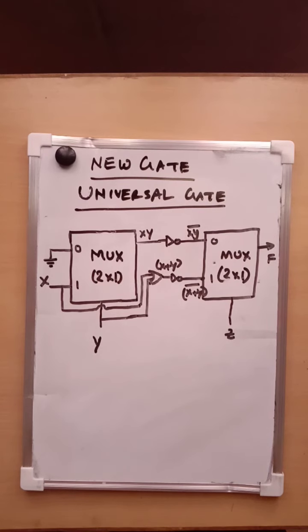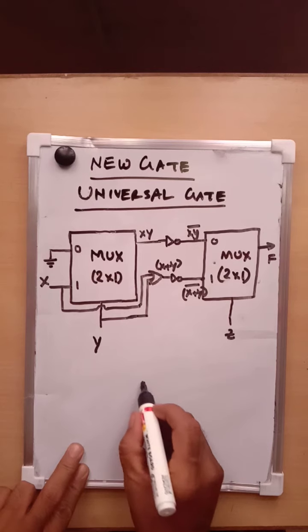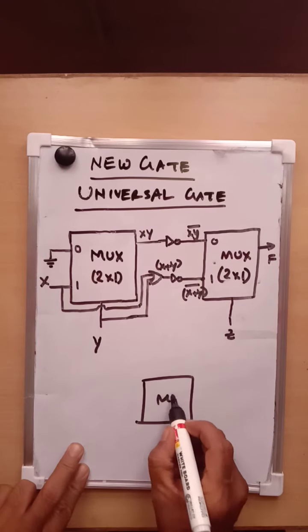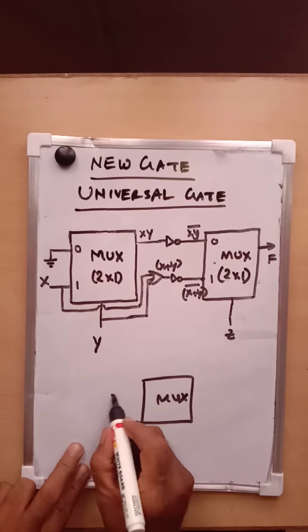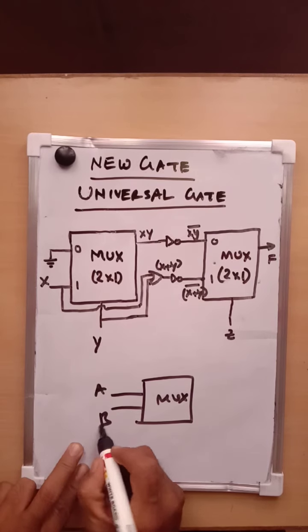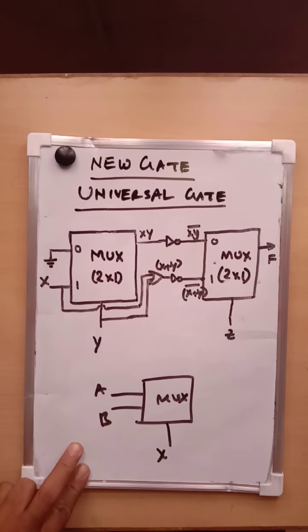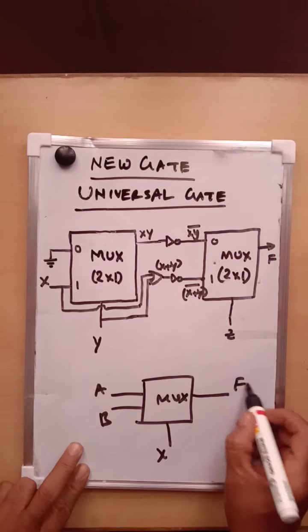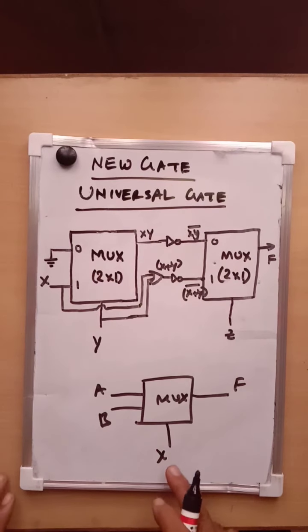Before going to this explanation, I want to introduce the concept of a mux. This is a 2 by 1 mux. Let A and B be the inputs, and let this be the select line X and this be the output F. The function of a mux is that there are two inputs and a single output, which is why it is called a 2 by 1 multiplexer.